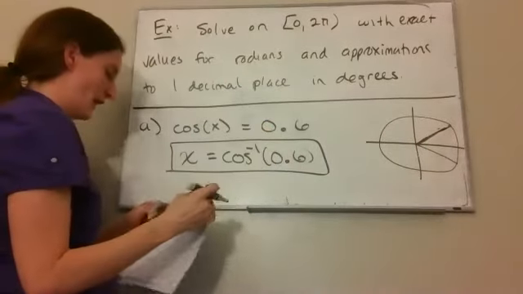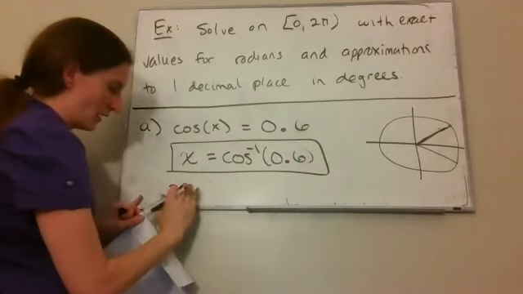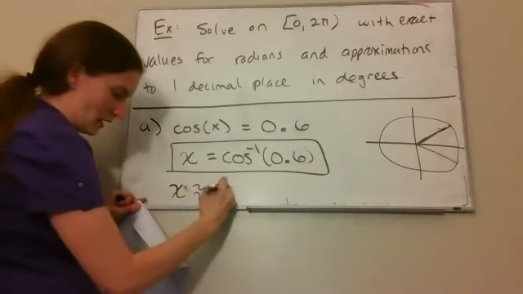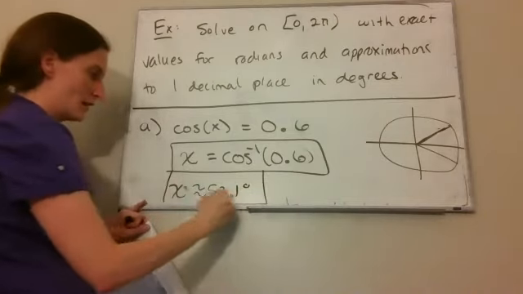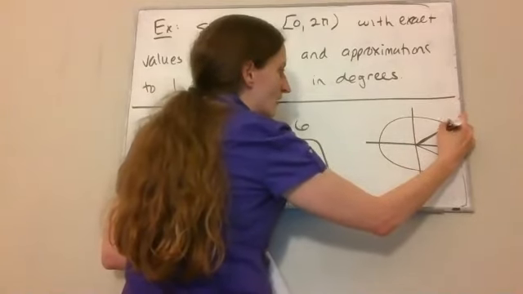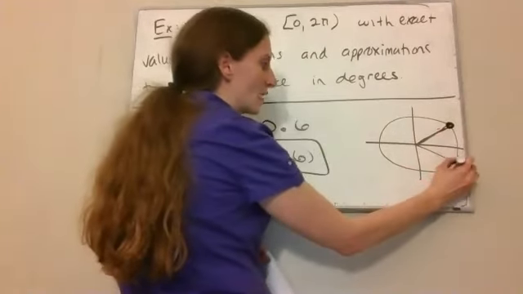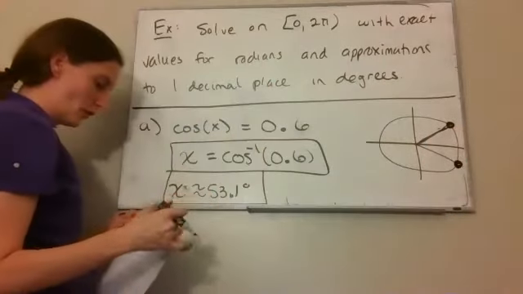So if I type it into my calculator, I get x is approximately 53.1 degrees for this first guy. So that would be about this one right here. So my other angle I get by doing 2 pi minus my result from before.